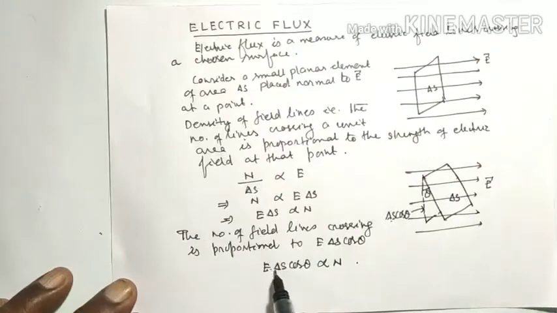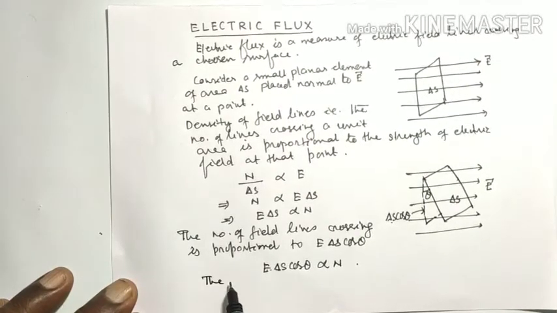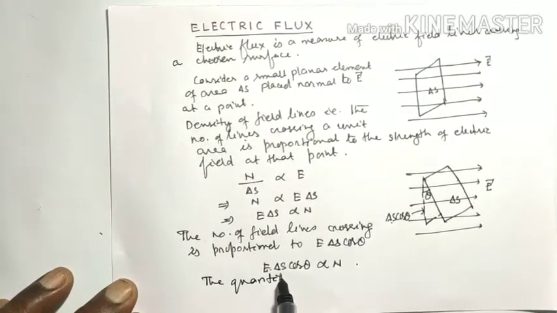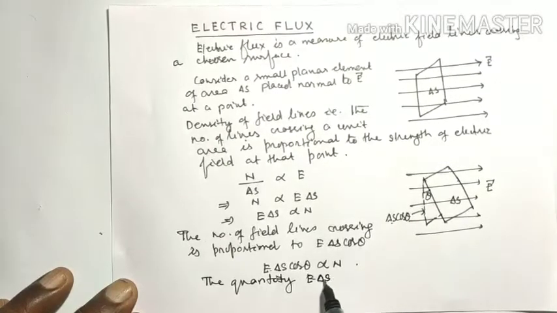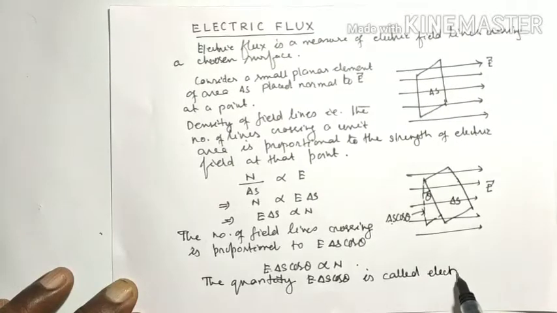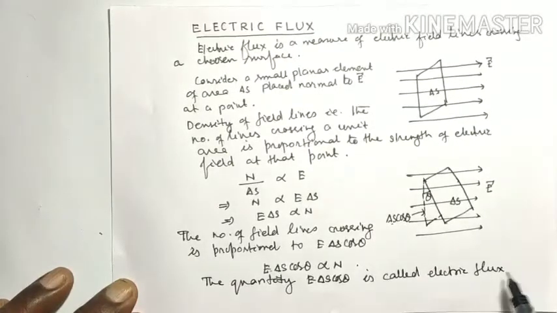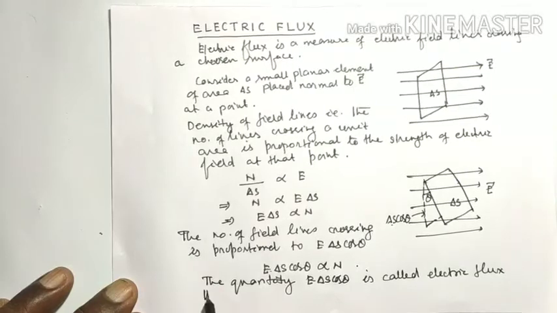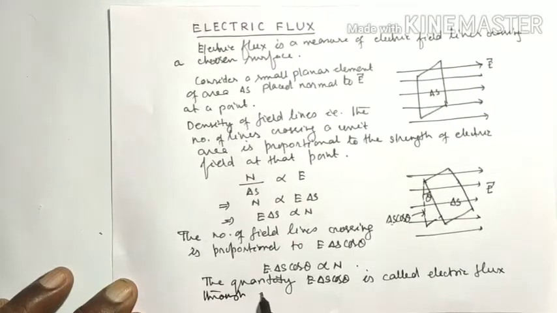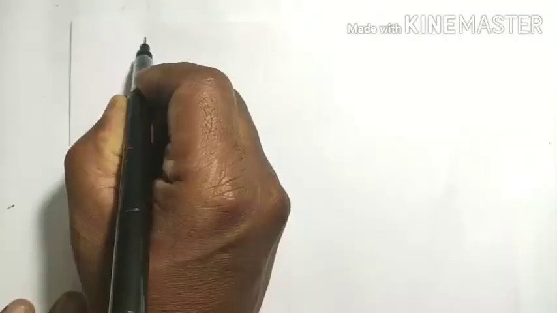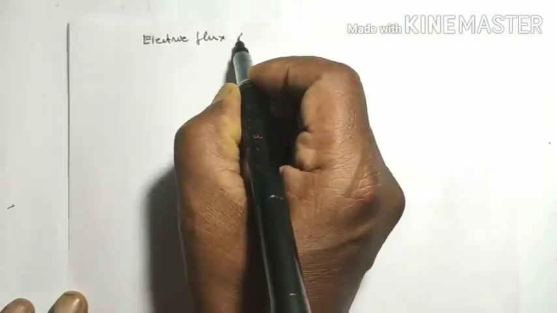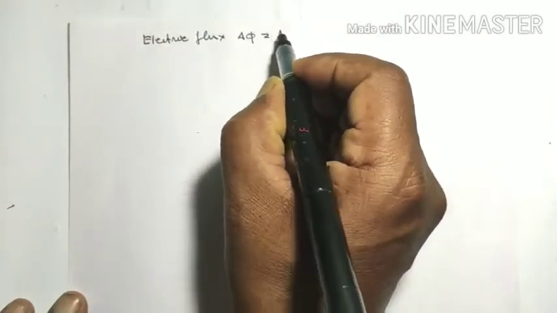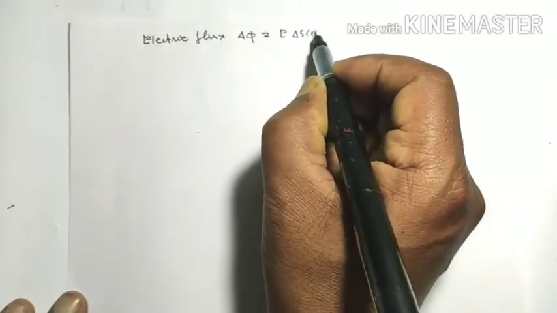Now the quantity E delta S cos theta is called electric flux through a chosen surface. Electric flux delta phi is equal to E delta S cos theta.